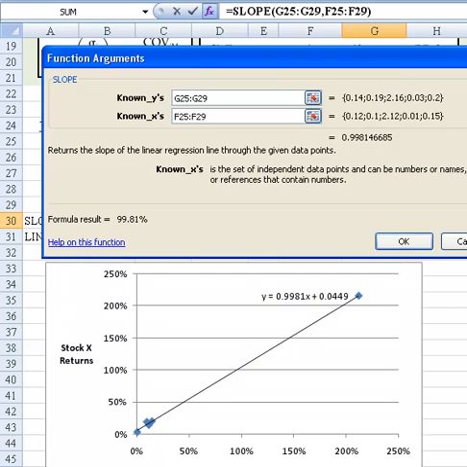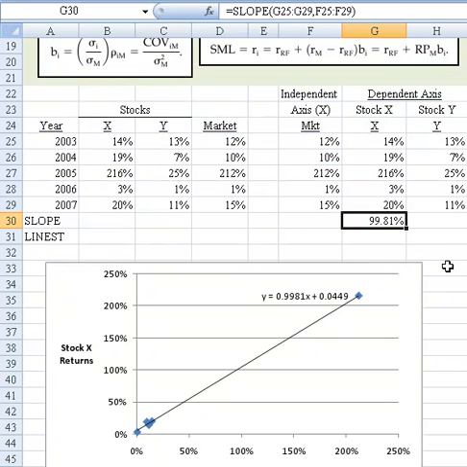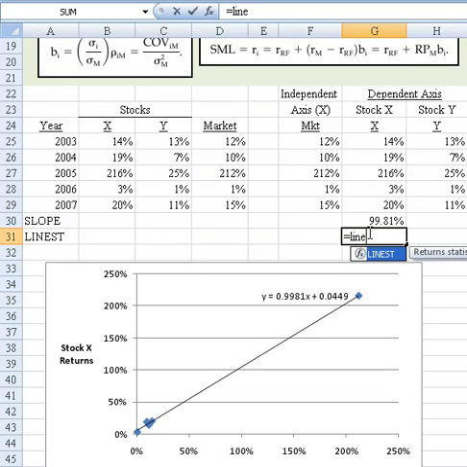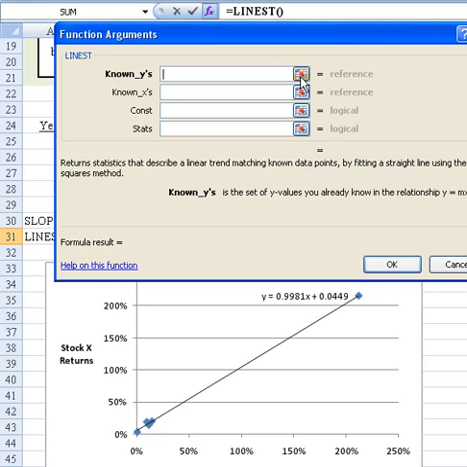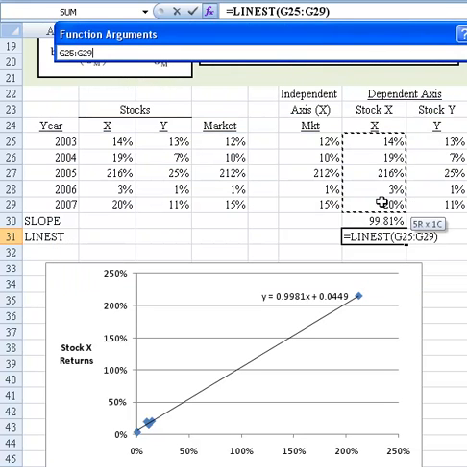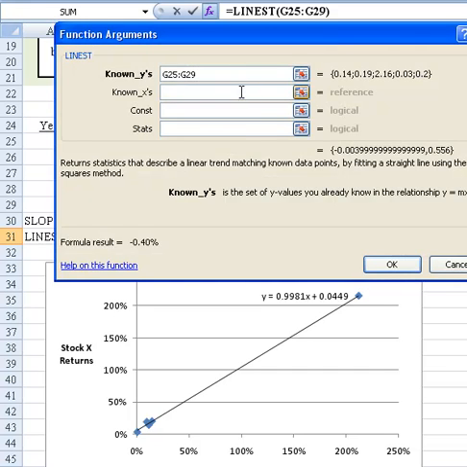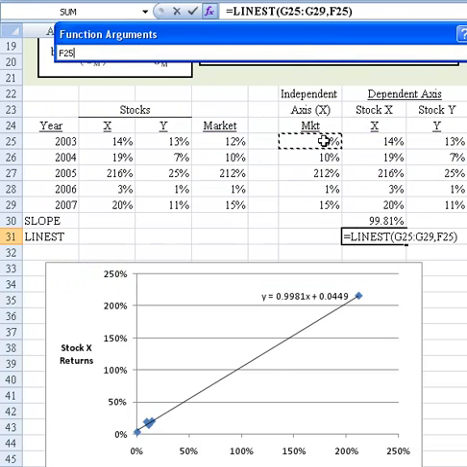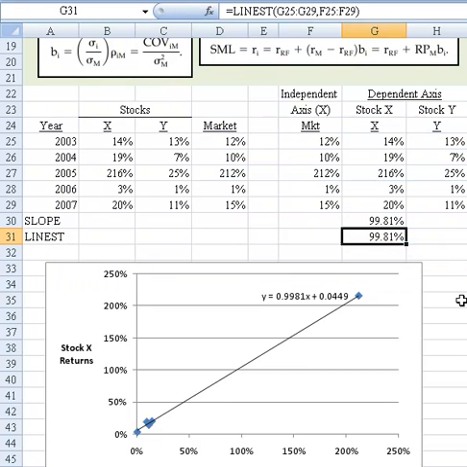I hit OK, and I get 99.81%, exactly the same number I got using the linear regression approach. I can use LINEST as well, which is an Excel function to estimate the slope of the line. The known y's are these values, and the known x's are these values. Hit enter, and I get, again, 99.81.